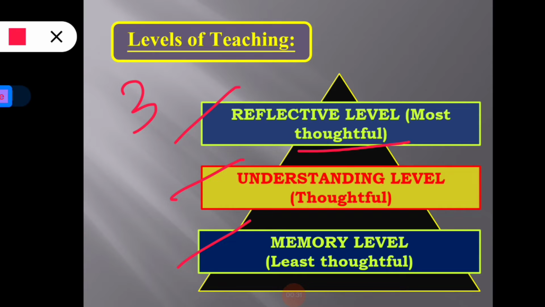We have already discussed in my last session the memory level of teaching, the Harvard model of memory level of teaching, and its disadvantages and advantages. So today we are going to explain the second level of teaching, that is understanding level of teaching. So let's move.